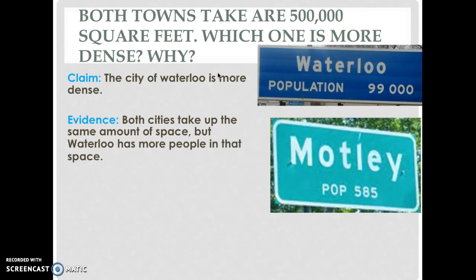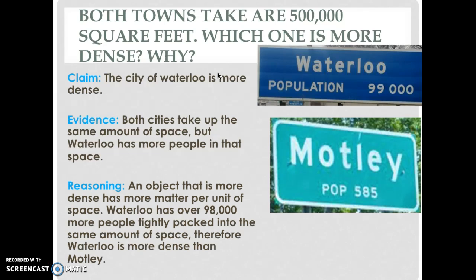Evidence: both cities take up the same amount of space, but Waterloo has more people in that space. And the reasoning: an object that is more dense has more matter per unit of space. Waterloo has over 98,000 more people tightly packed into the same amount of space. Therefore, Waterloo is more dense than Montclair.